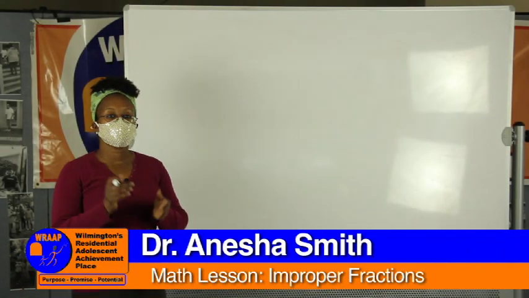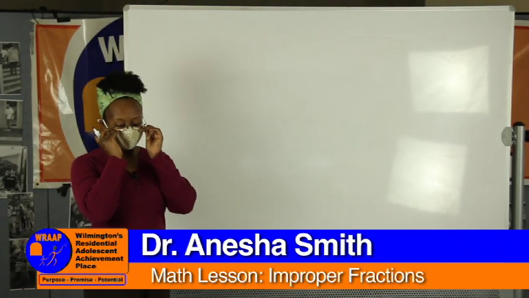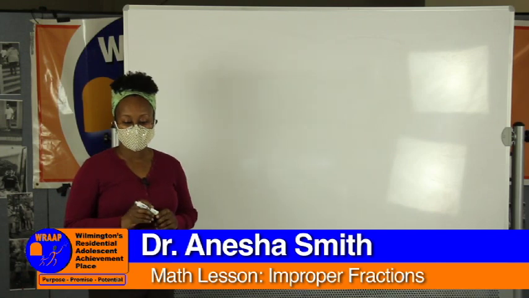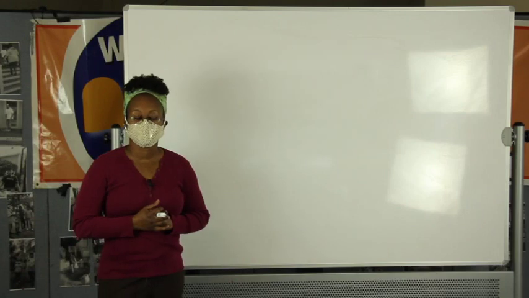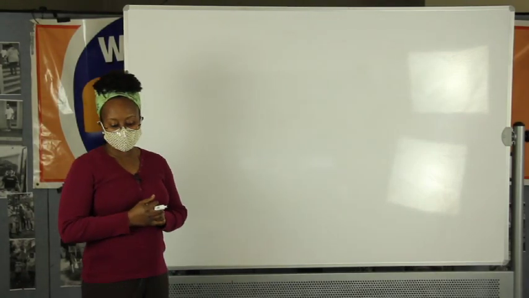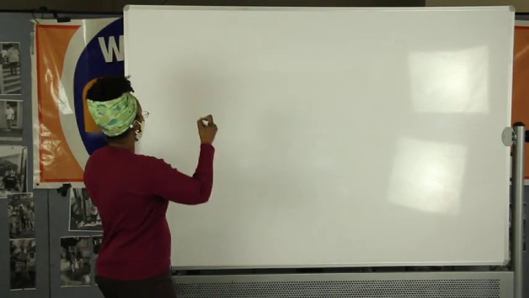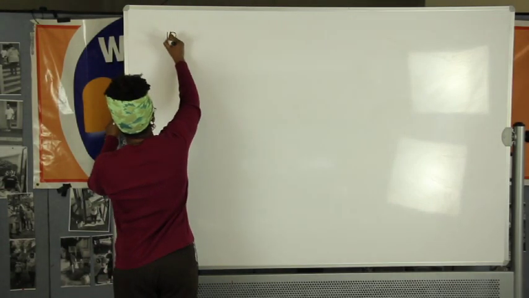So now let's get into some new material dealing with fractions. We last talked about improper fractions. So now that we understand what an improper fraction is, this was one of the improper fractions.